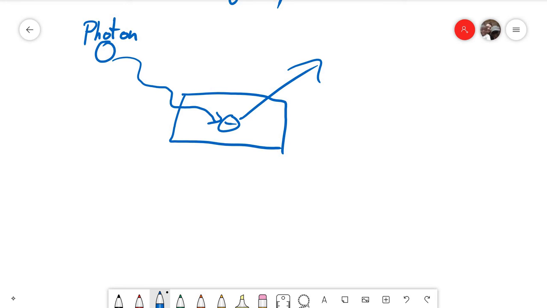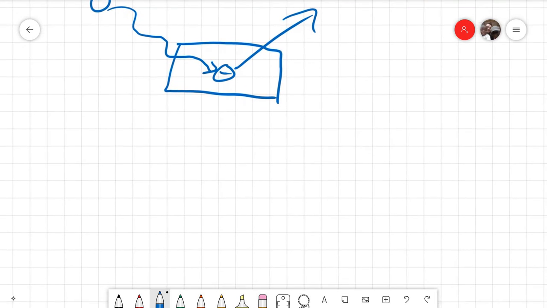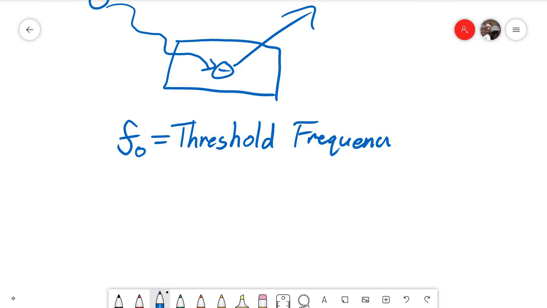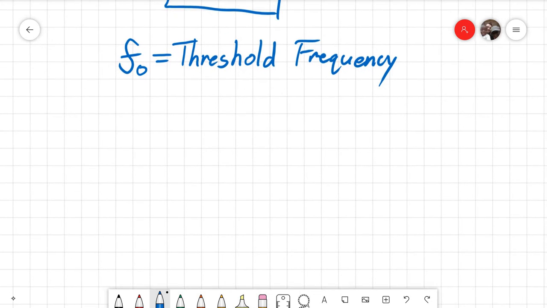So how much energy do we need to kick off this electron? Well, that's going to differ depending on what material we're working with. Every material has what we call a threshold frequency, or f naught. So f naught is equal to our threshold frequency. And this determines how much energy that photon needs to have to kick an electron off of that material.